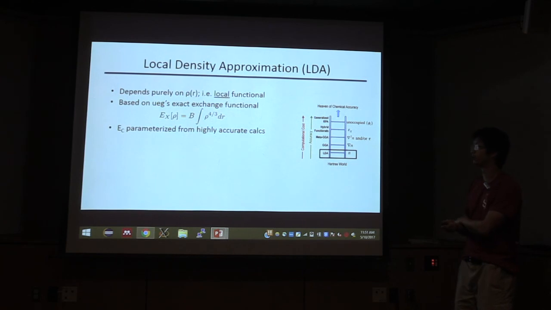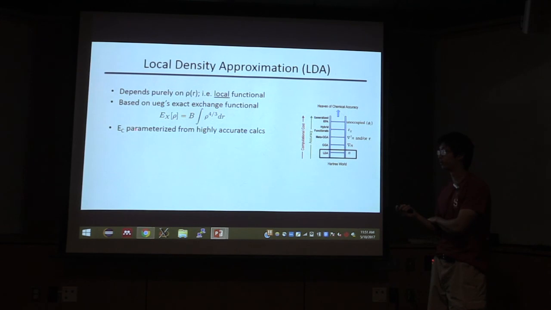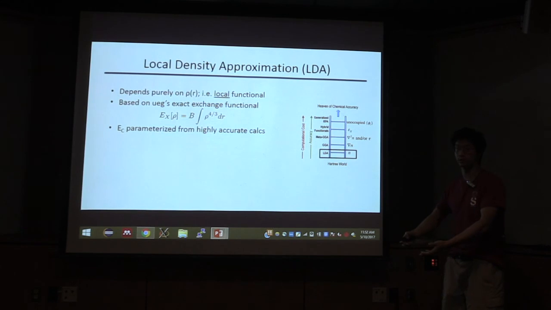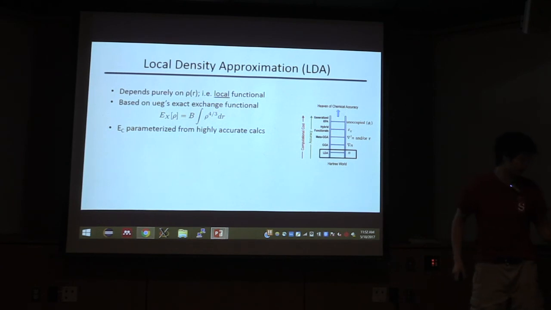They're based on the uniform electron gas, for which we have an exact exchange functional. We don't have an exact correlation functional. This is parameterized from highly accurate calculations where we get a really good energy, extract out everything else, and then fit a function to the density such that it gives you the energy you've got left over.